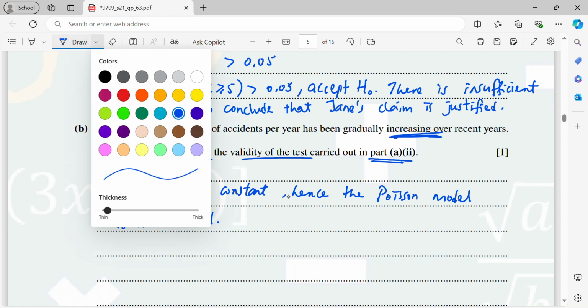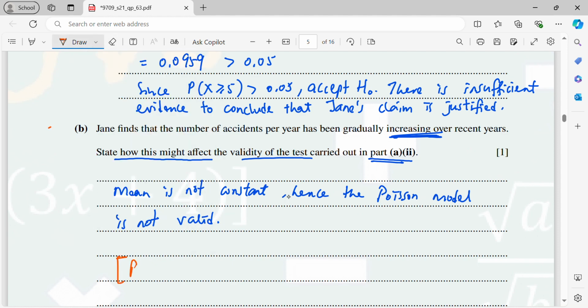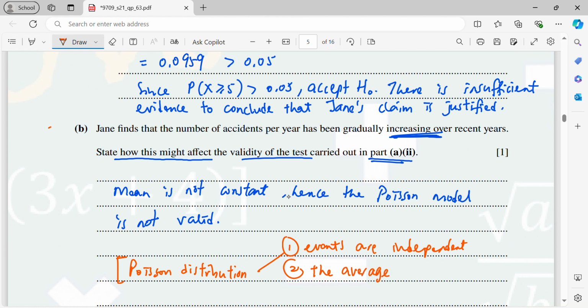Now, just for information, for the Poisson distribution, it has a few conditions to be fulfilled. The first one is events are independent. So here still independent. Second, the average rate, that means the lambda, is constant.